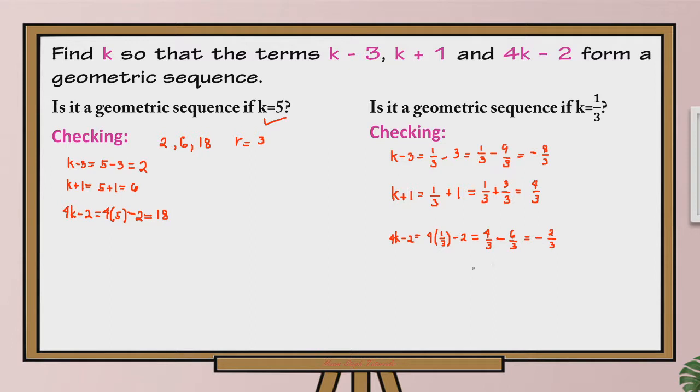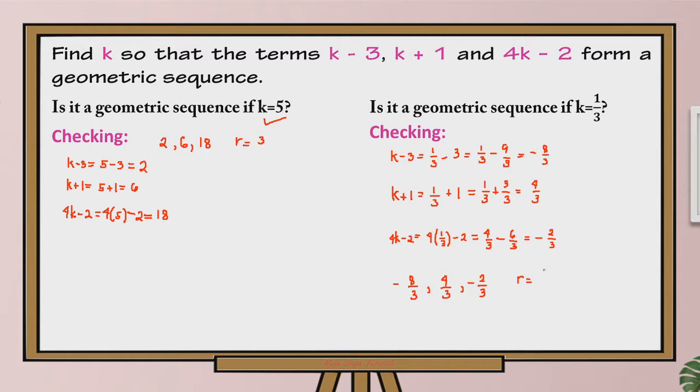Okay. So yung nabuo nating geometric sequence ay negative 8/3 as our first term. Yung kasunod na term niyan ay 4/3. And yung kasunod na term raw ay negative 2/3. So based sa definition ng ating geometric sequence, dapat yung common ratio niyan ay constant. I-try natin kunin ang kanyang common ratio.